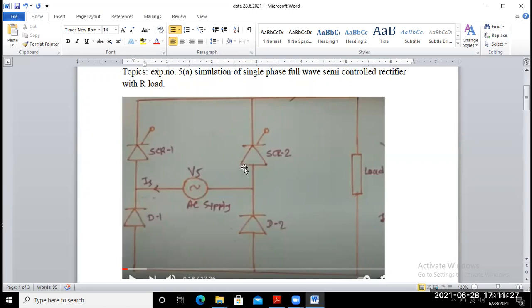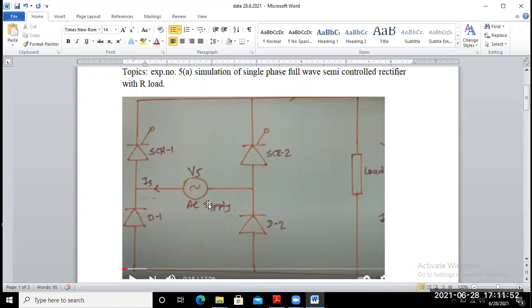So when you provide the gate pulse to thyristor 2, it starts conduction and current flows through this path, that means SCR2 to the load and through diode 1. So the path of the current is complete. So you are able to identify the flow of current in the circuit, is it not?